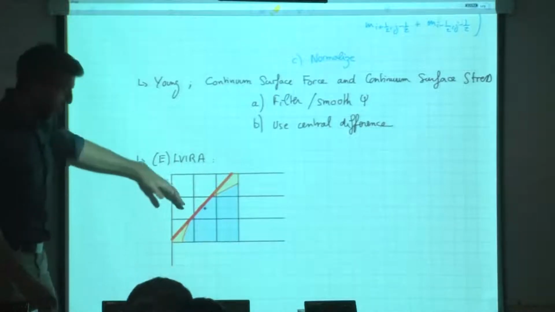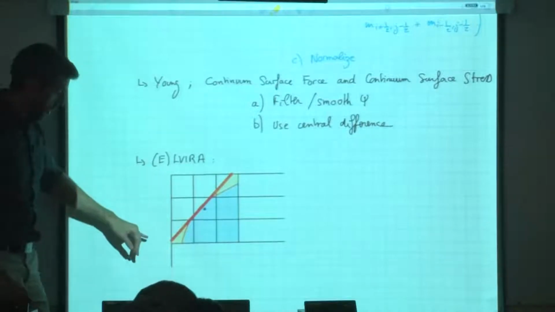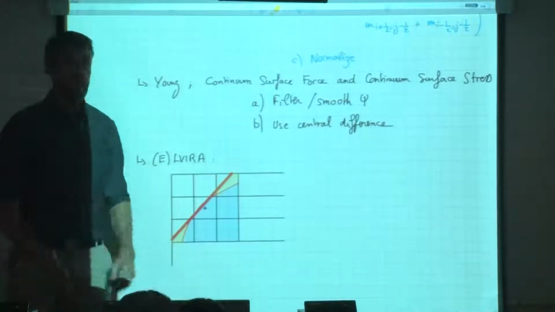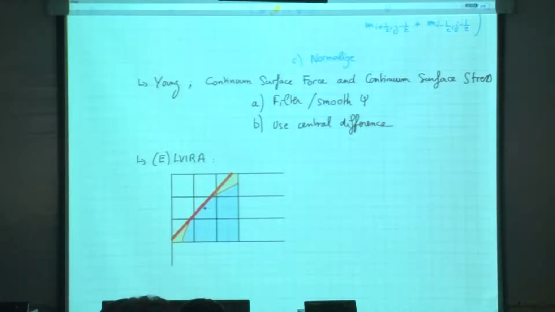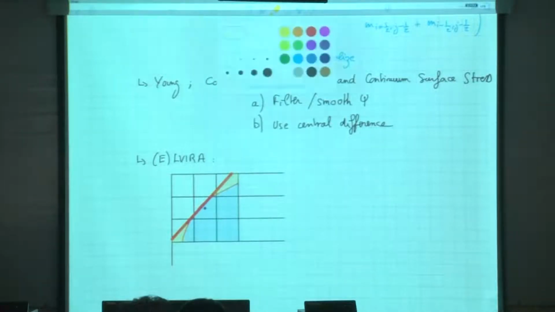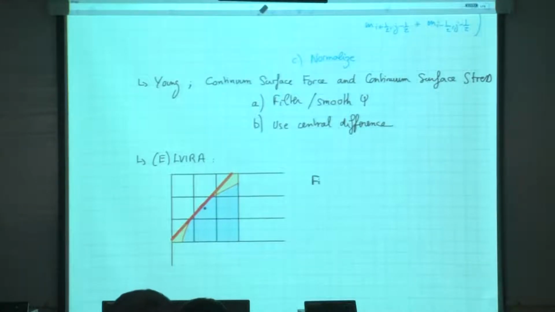So the question is, what is the optimal orientation over this 3 by 3 cell region that minimizes the mismatch in volume fraction with my neighboring cells? Okay, so let me write this in plain words.